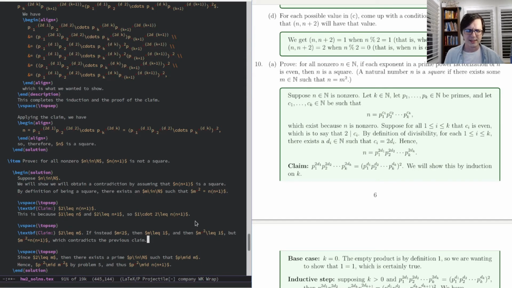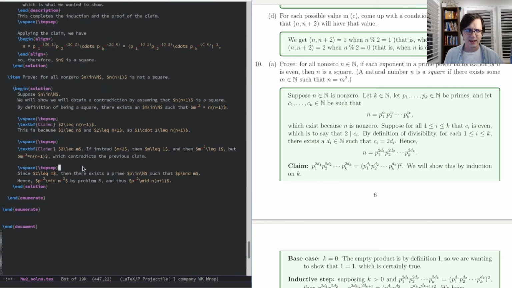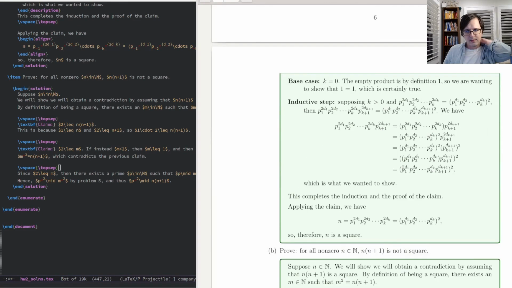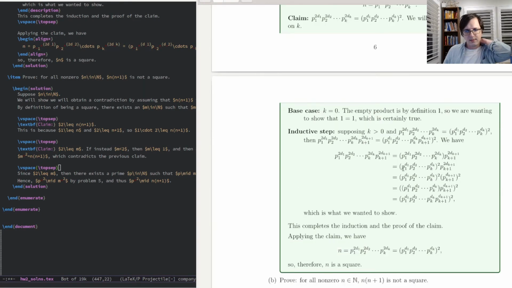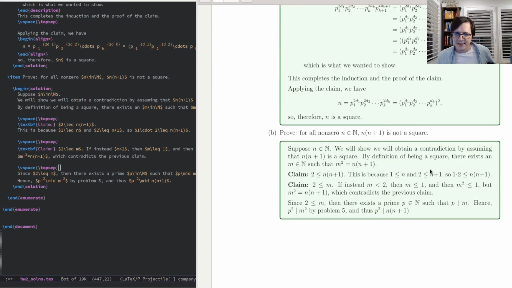No, it's nice to have this because, I just need to think. So we got this prime that divides m, and so we know that p squared divides m squared, and then p squared divides this product.